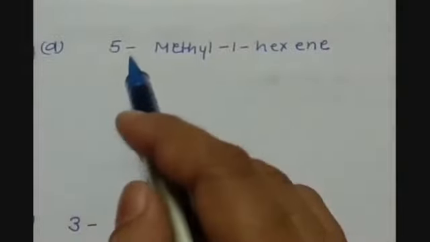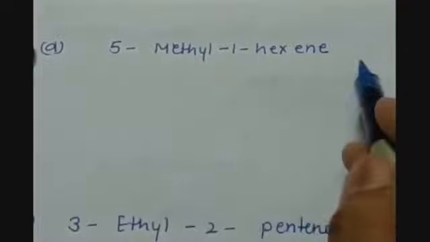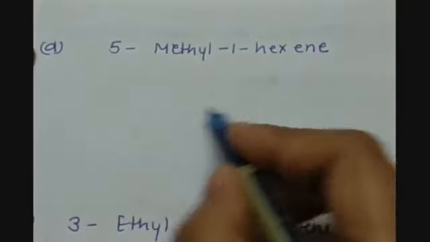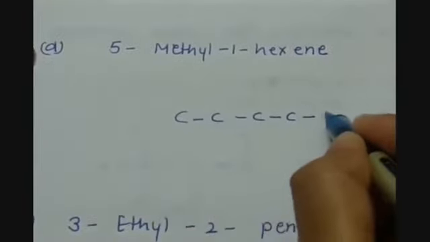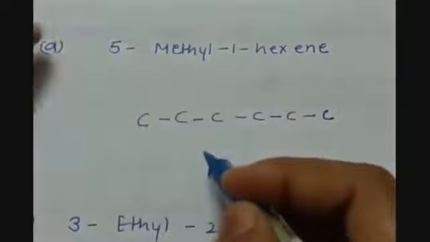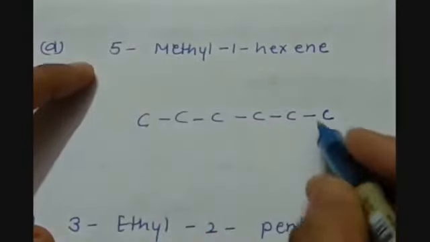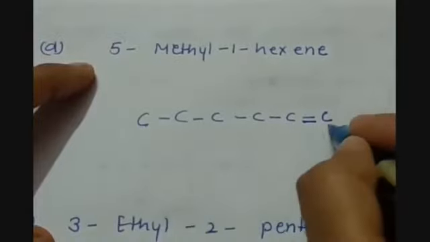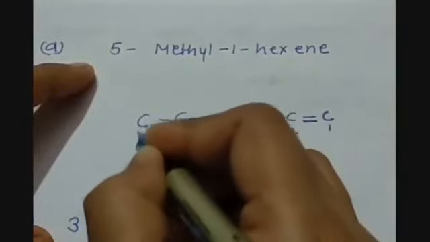Then we have the D part, which is 5-methyl-1-hexene, or you can write it as hexene only. As it is a hexene, we will be having 6 carbon atoms. And at 5th position we have a methyl group. We can start from anywhere, like if we are giving the position of the double bond from here, this will be numbered as 1, 2, 3, 4, 5, 6.